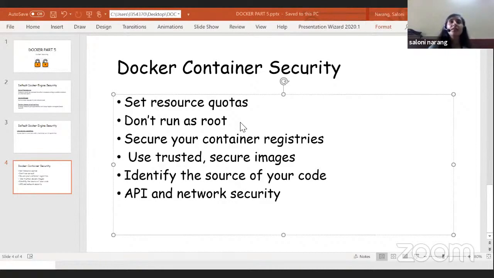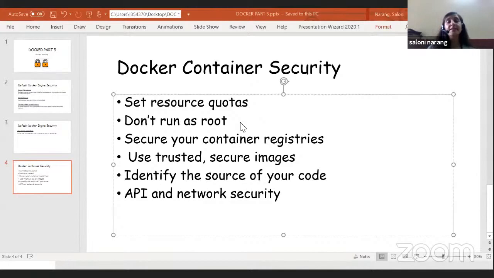So listen very carefully, and after my session I will share all the blog links and Docker docs from where I have taken references, and from where I studied personally, which I found useful.